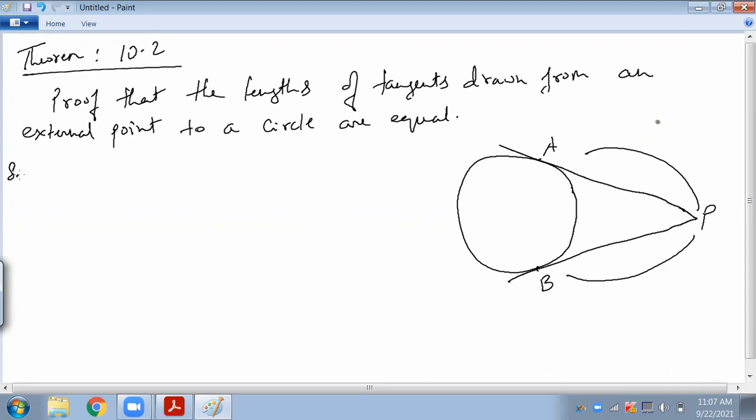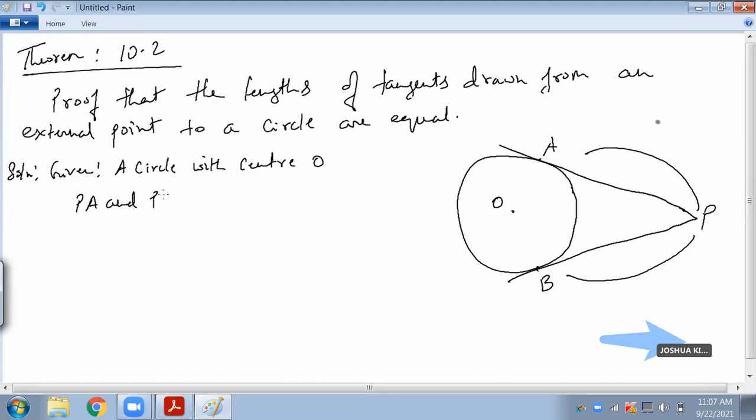So let's take it. Given is what? A circle with center O. PA and PB are tangents at A and B. Then to prove what?